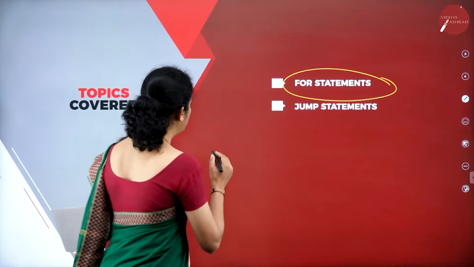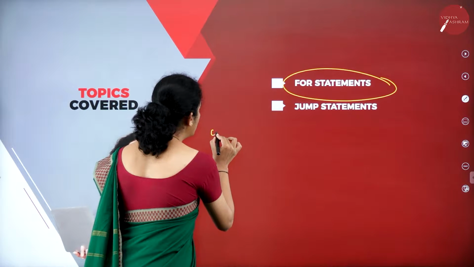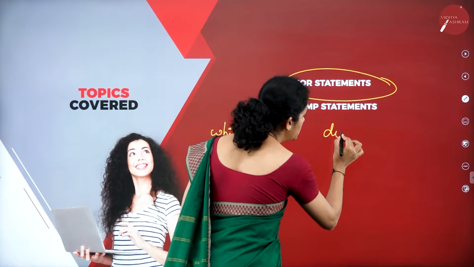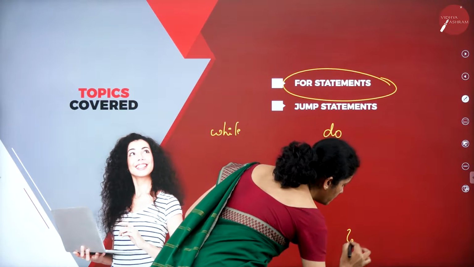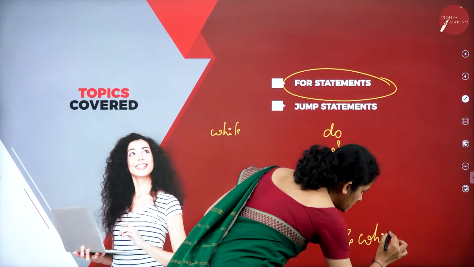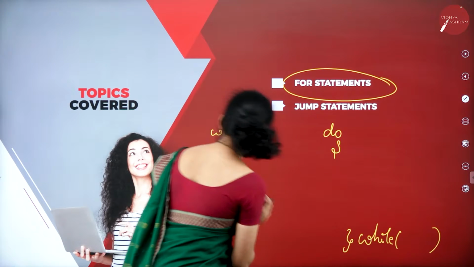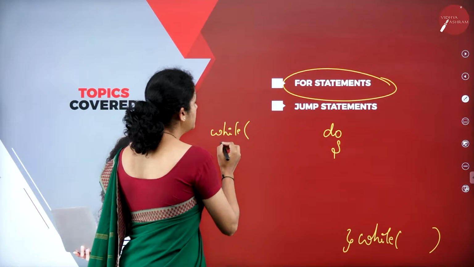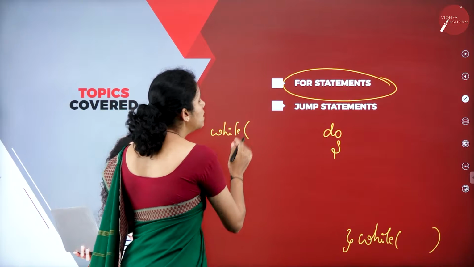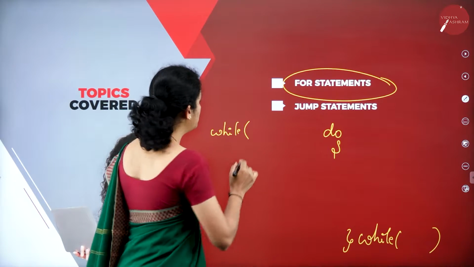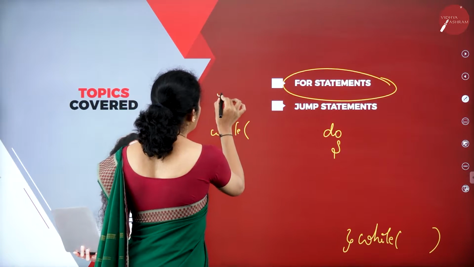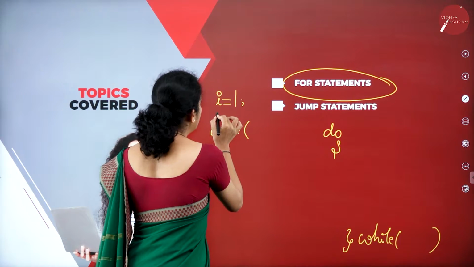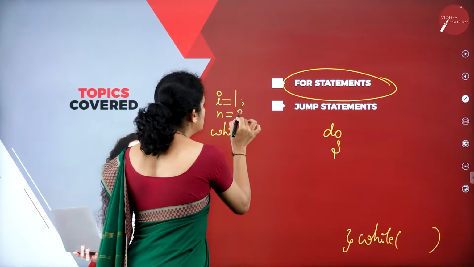Let me consider a simple example here. First I'll consider while and then I'm going to consider do while. See the syntax here. So here with while I'm going to have the condition. For example, think that I want to print some natural numbers. So here what I will do, I'm going to assign i equal to 1, then n equal to 3.